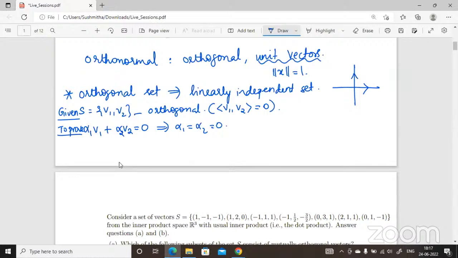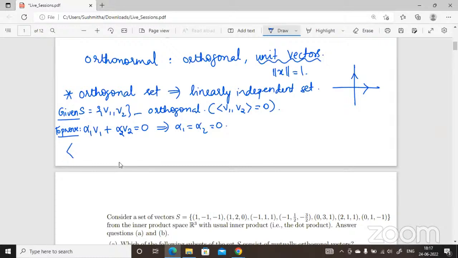Okay, fine. So to show that the set is linearly independent, I should take a linear combination equal to 0 and then show that the coefficients of these vectors are equal to 0, right? Yes. So this is what I want to prove. Now I have to somehow relate this with the inner product.